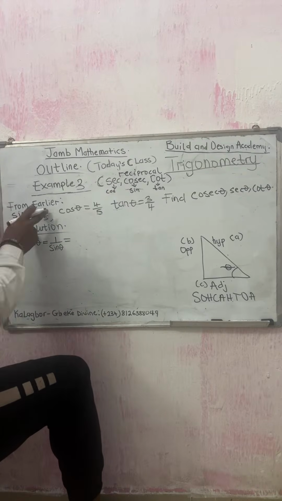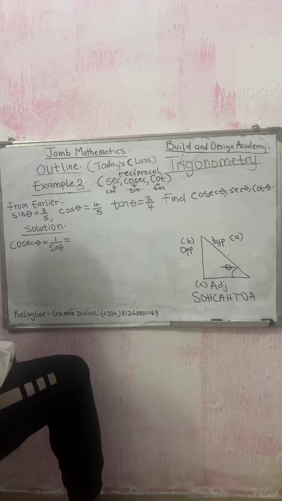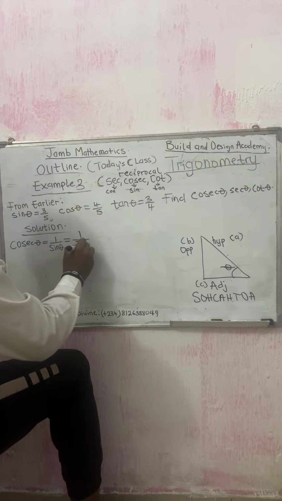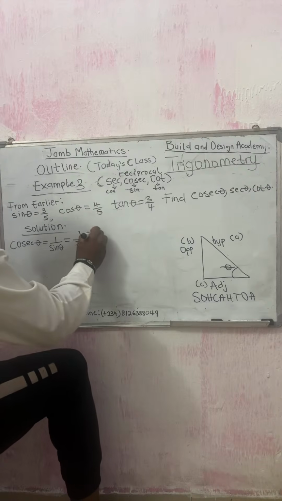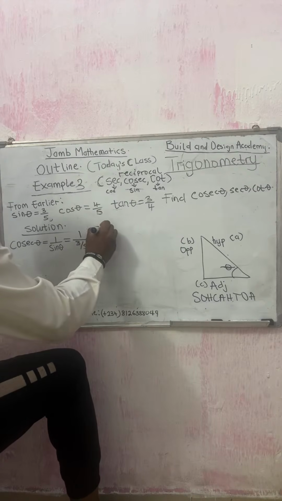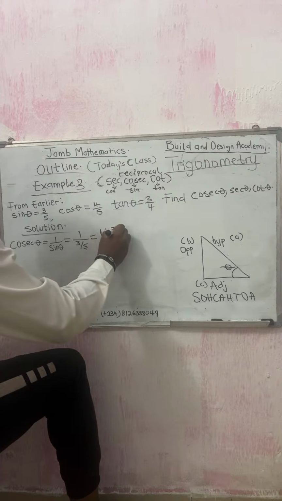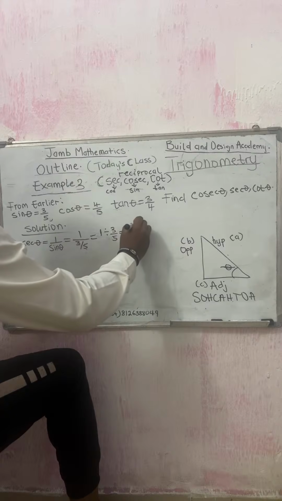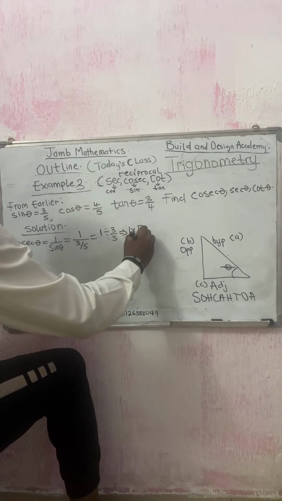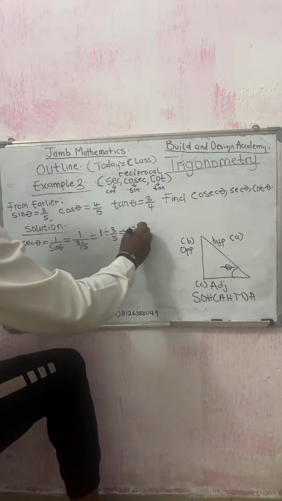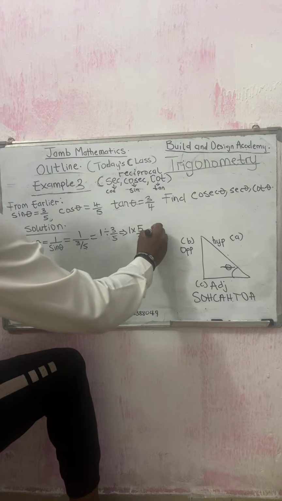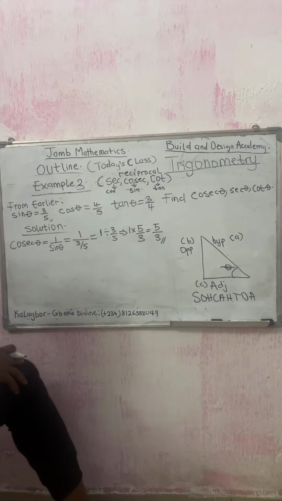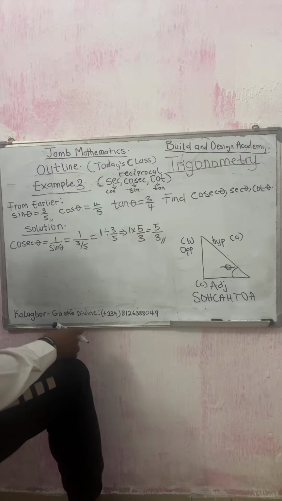We have sine theta as 3/5, so it will now be 1/(3/5), which is simply 1 divided by 3/5. If we invert it, it's now 1 times 5/3, and 1 times 5 is 5/3. So very, very simple. You will not even waste up to 1 minute to solve this question.